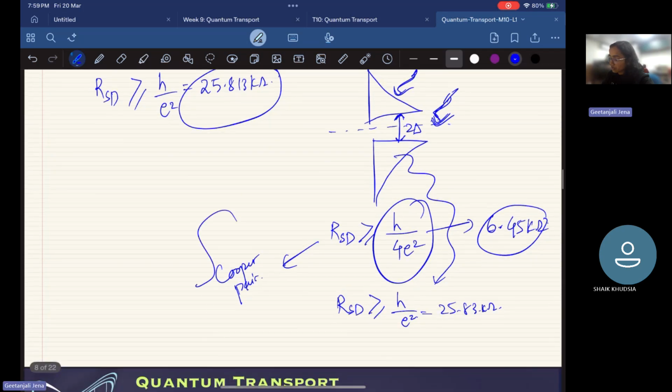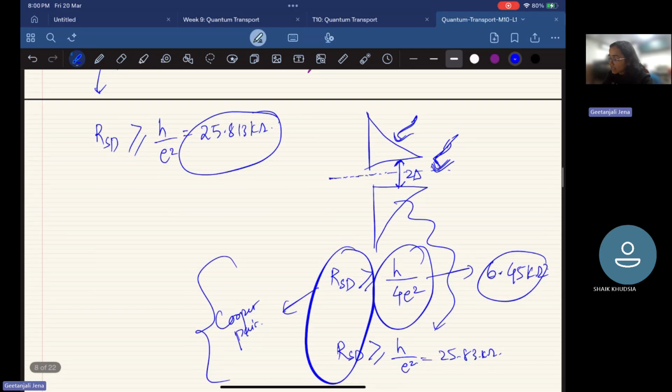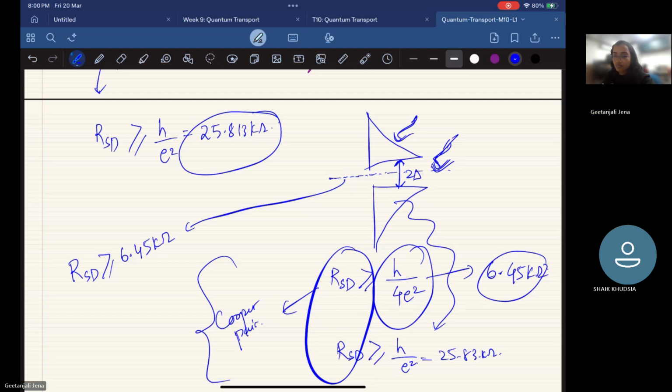Okay, so one R_ST I have written for the superconducting state. When the transport is because of the Cooper pair, the tunnel resistance should be greater than a minimum value of 6.45 kilo-ohm for the superconducting state.